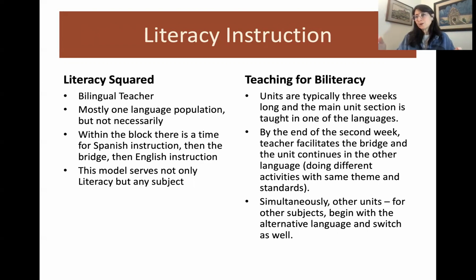And then when you finish, for example, the literacy lesson, you begin again the heavy part of another unit with the language that you used at the end of the previous lesson.